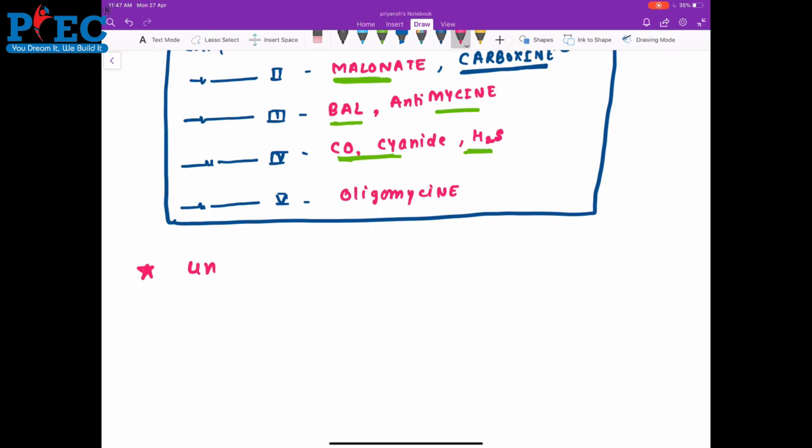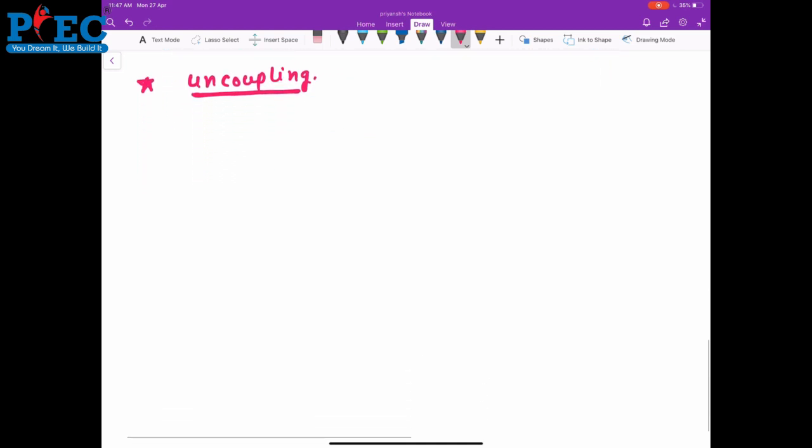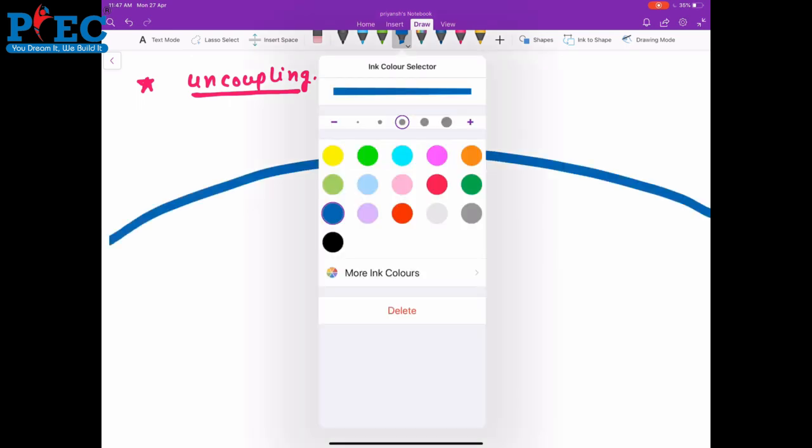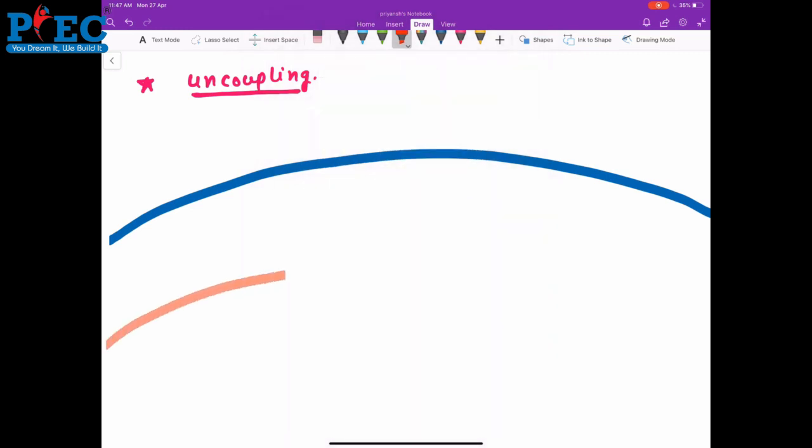This concept is called uncoupling. To make you understand uncoupling, I am again drawing the same diagram I drew previously: the two membranes of the mitochondria.